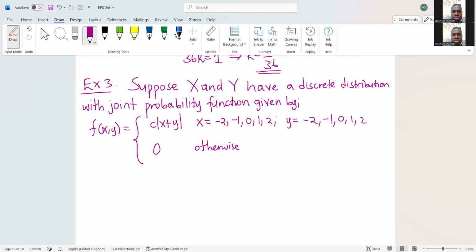Part A, we want to find the following. Determine, Roman 1, the value of C. Roman 2, the probability of x plus y greater than 2.